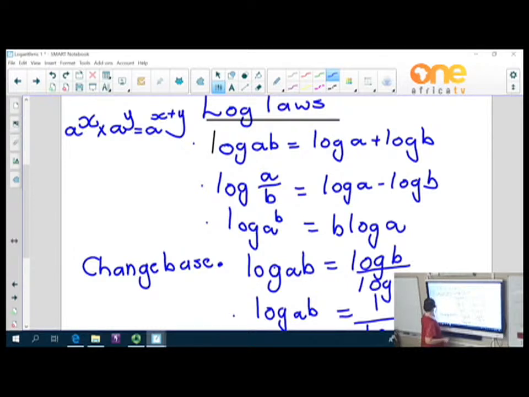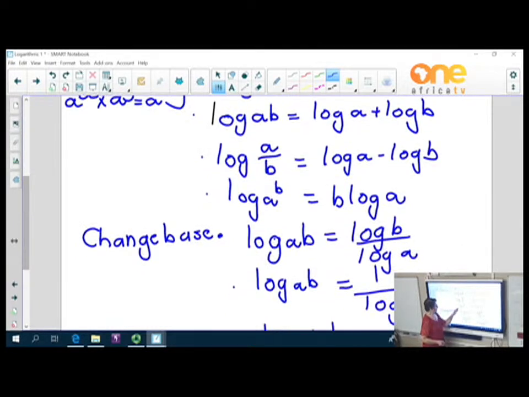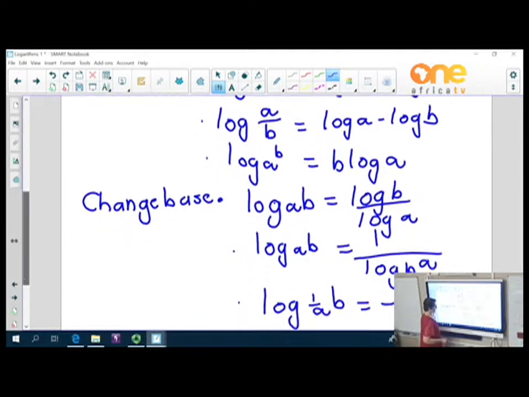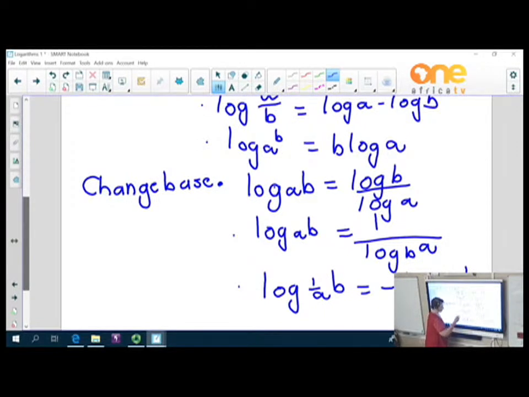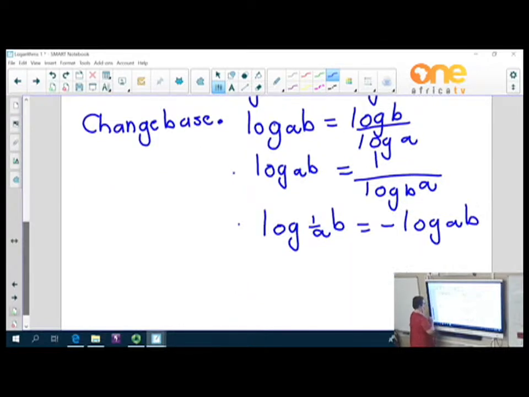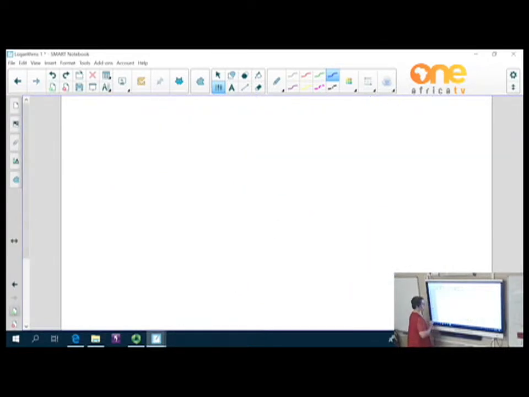Now it's the change of base. So this one becomes log b over log a. Here, this is the same thing, you can also write it as 1 over log base b of a. And then when we have a fraction as a base, it becomes negative log base a of b. So that is the log laws.